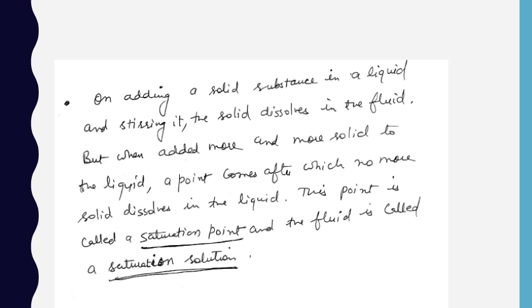On adding a solid substance to a liquid and continuously stirring it, the solid always dissolves in the fluid. But when more and more solid is added to the liquid, a point comes after which no more solid dissolves in the liquid. Understood? This point is called the saturation point, and that type of fluid is called a saturated solution.